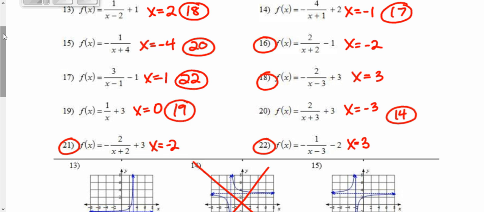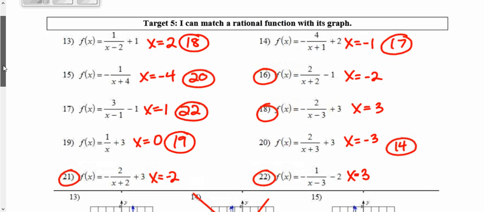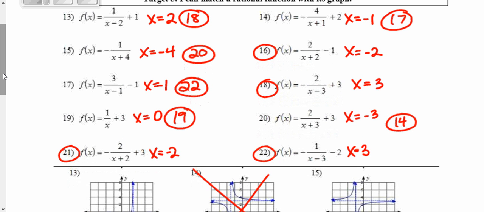So I'm going to go to another characteristic that I could use to differentiate these equations and graphs. So I'm going to look at the horizontal asymptote. So if you look at 21, the horizontal asymptote would be y equals 3. And when we compare that to number 16, that horizontal asymptote would be negative 1. So while 16 and 21 have the same vertical asymptote, they do have different horizontals, so we'll be able to differentiate those.